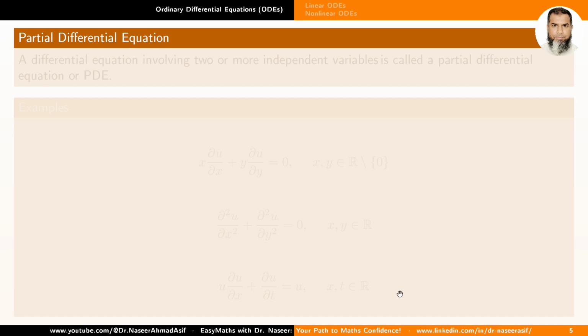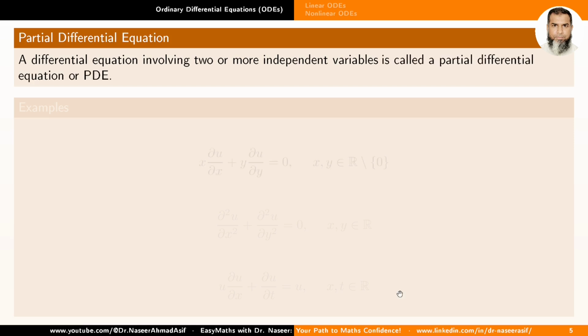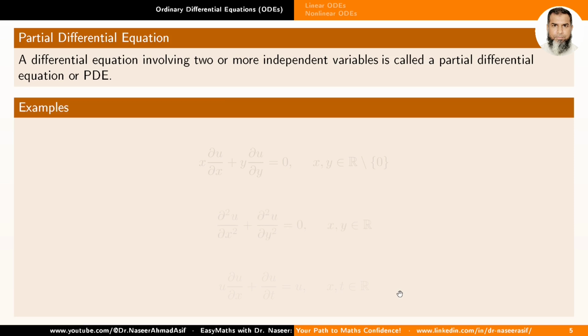Partial differential equation. A differential equation involving two or more independent variables is called a partial differential equation or PDE. We'll see some examples. This is x partial u by partial x plus y partial u by partial y is equal to 0.